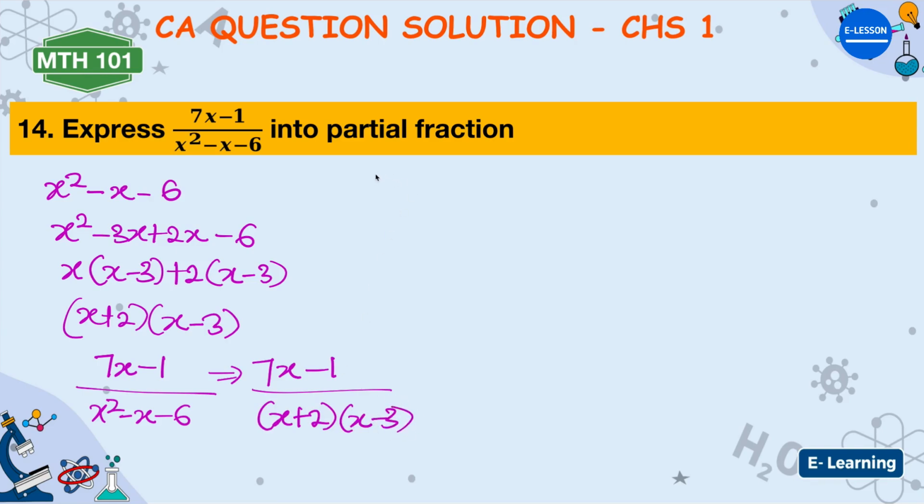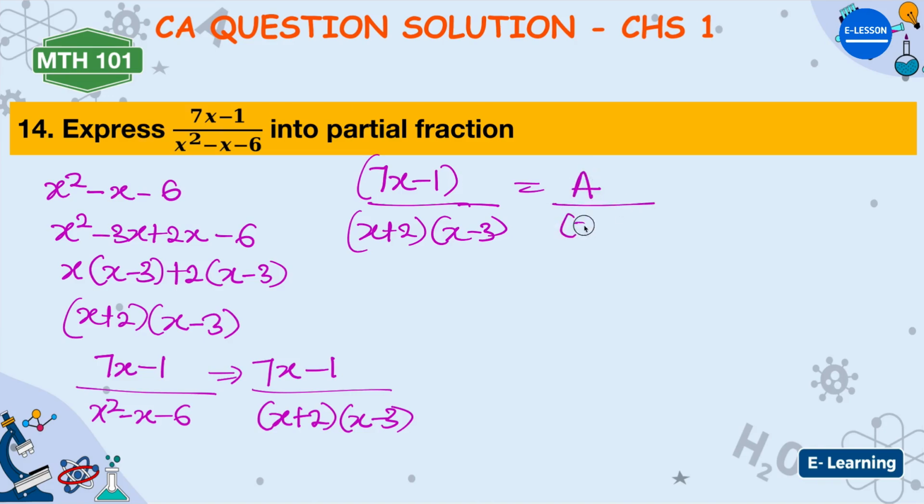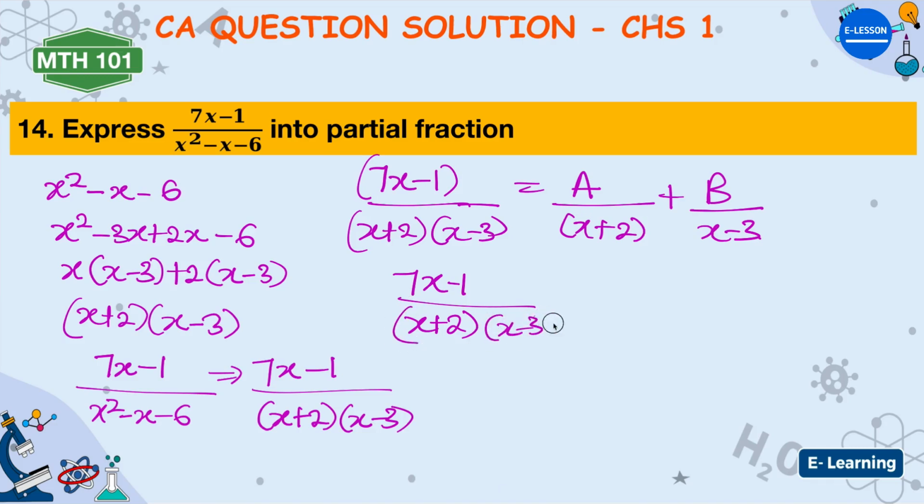Is that okay? So we can now work with this as a partial fraction. 7x minus 1 divided by x plus 2, x minus 3 will be equals to a partial fraction, say you should split them into 2: a over x plus 2 plus b over x minus 3. Is that okay? Now, what is the LCM of this? It's x plus 2 bracket x minus 3.